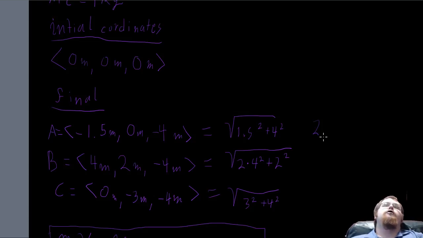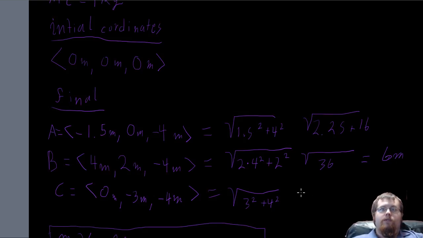That one's going to be 2.25 plus 16, and then that one's going to be 16 plus another 4, 32? Yeah, so that's going to be 36. Hey, looky there, that one's real easy. 6. I should probably put little equal signs in there. And then this one's going to be the square root of 9.